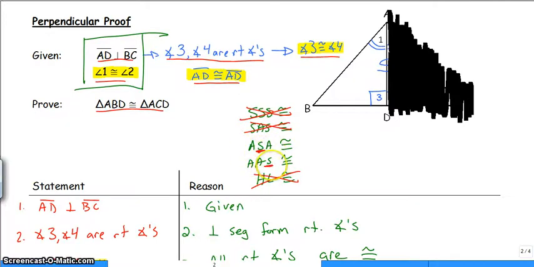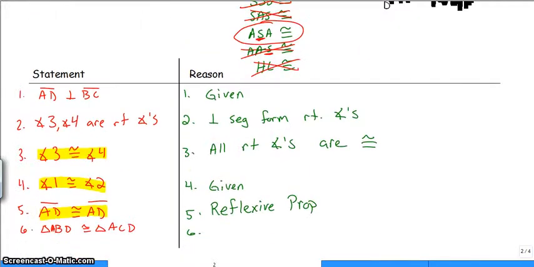Or is it a side that's not included by my angles, touching only one angle? Since this is the side and it does connect my angles, it touches both, it's the included side, I use my angle side angle. If it was one of these sides, BD or AD, it would only be touching one angle. Then it would be angle, angle, side. Since it is touching both angles, it's the included side. My reason is angle, side, angle, congruence.